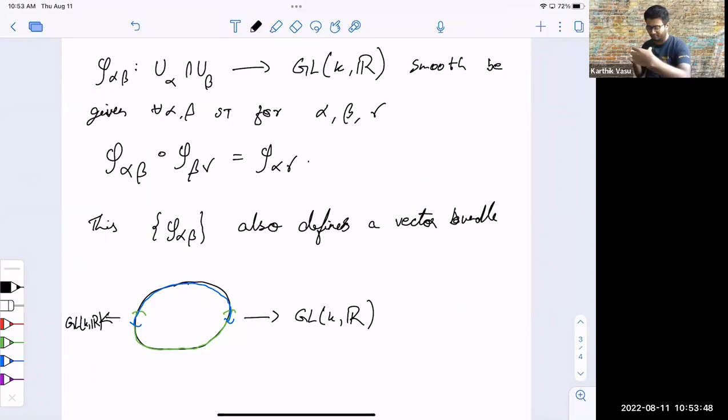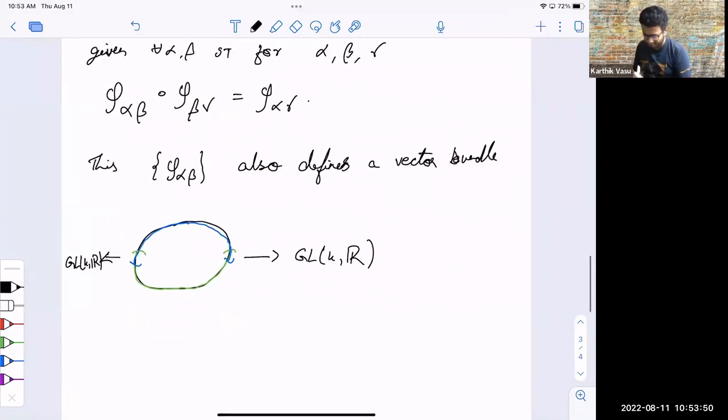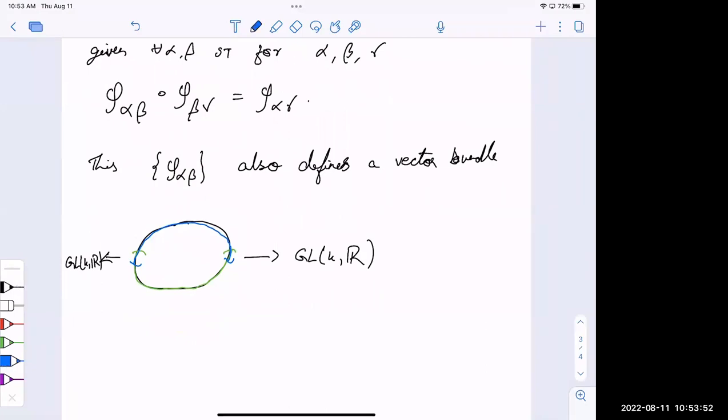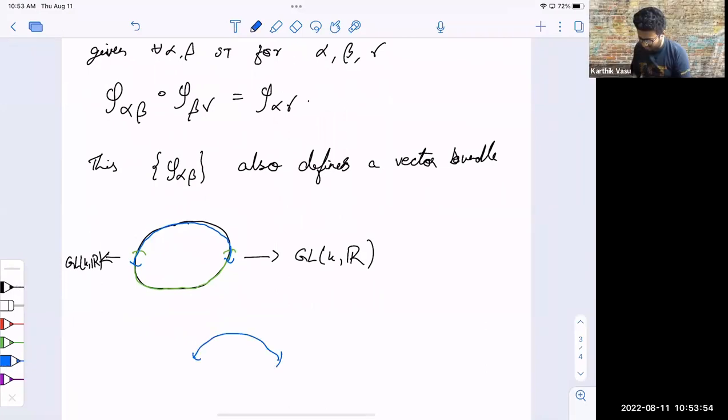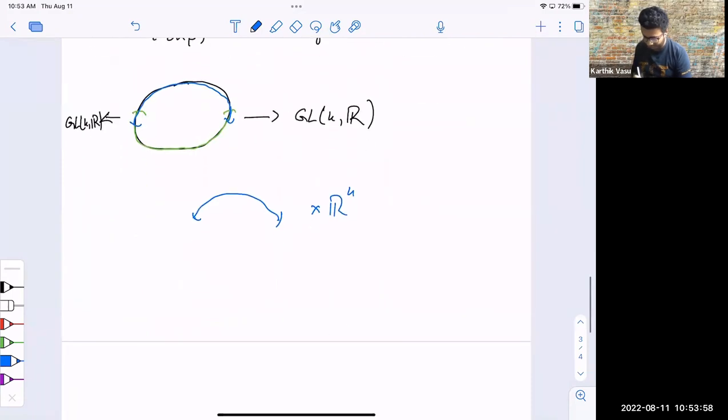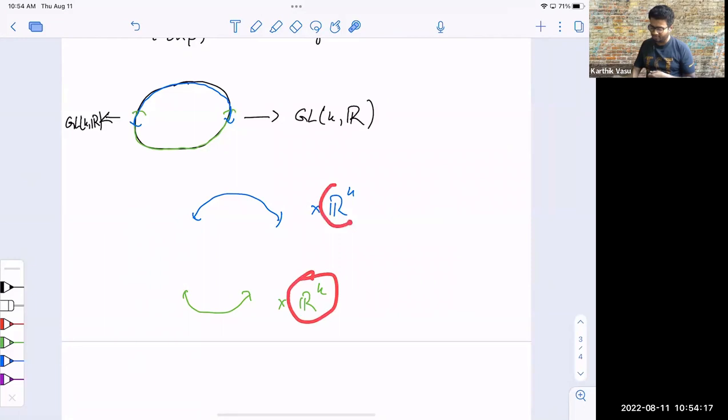So what you're doing is, on these two arcs, you will say it's a trivial bundle. So it's some trivial R^K cross this. On the bottom arc, you will have this cross R^K, and where they intersect, there will be an intersection point here and an intersection point here. Where these two vector bundles are supposed to intersect, you will have some matrix multiplication of these things.